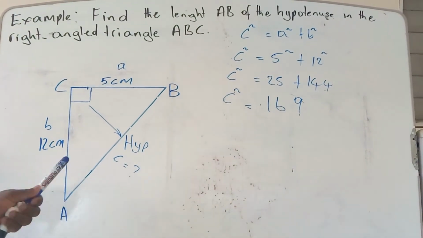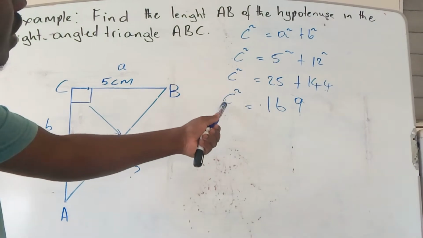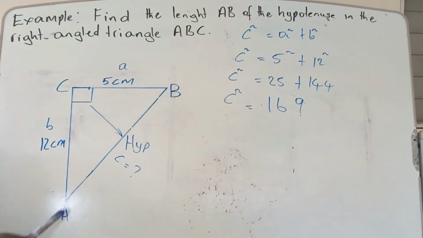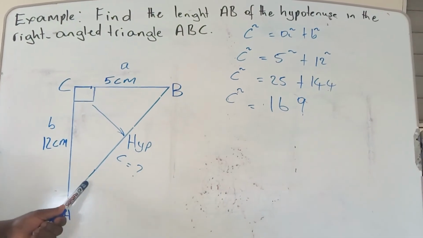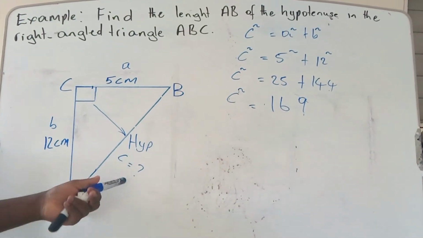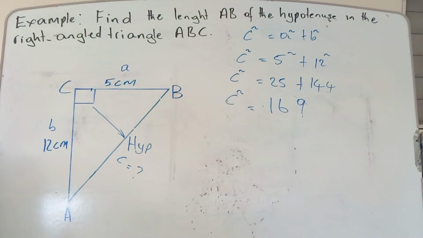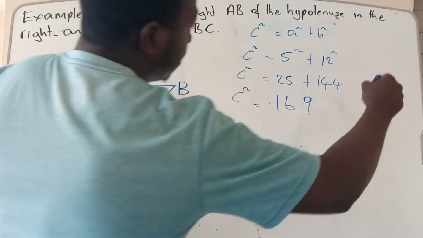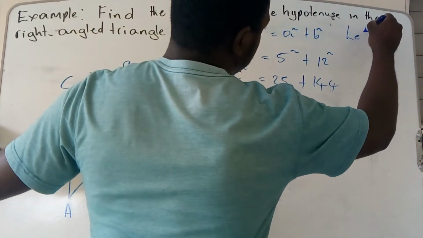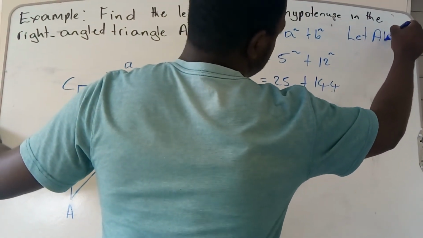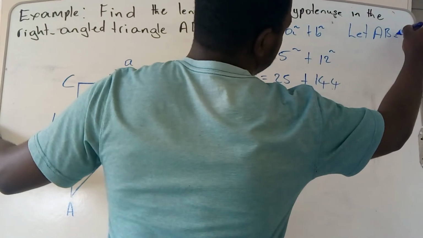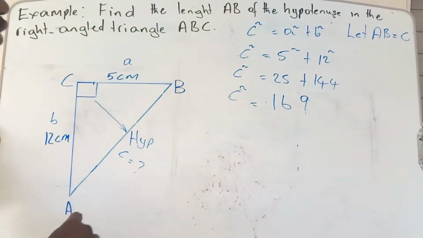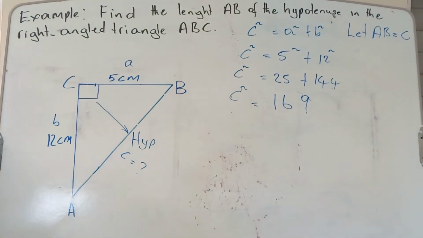No. They did not ask us to calculate C squared. They asked us to calculate the value of AB, and in this case AB is the same thing as C here. And you could always write a statement to say, let AB equal C, so you know that's exactly what you're solving for.